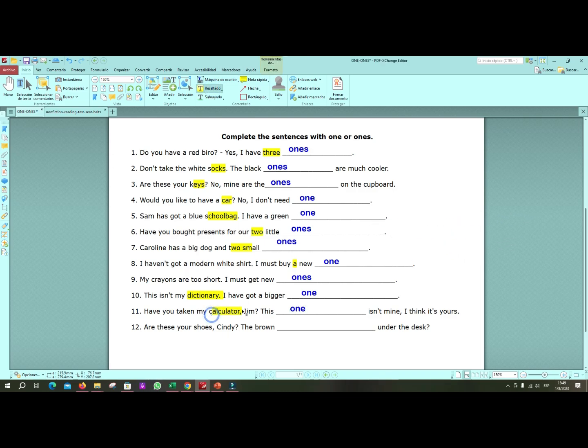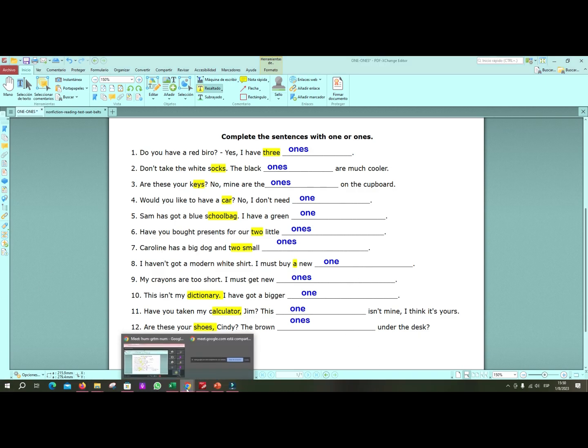We're talking about singular. That's good. And the last one, Mr. Osmin, please. Just one or ones? Ones. Yes, Mr. Osmin, ones, because you have shoes. That's plural, right? So the brown ones under the desk.